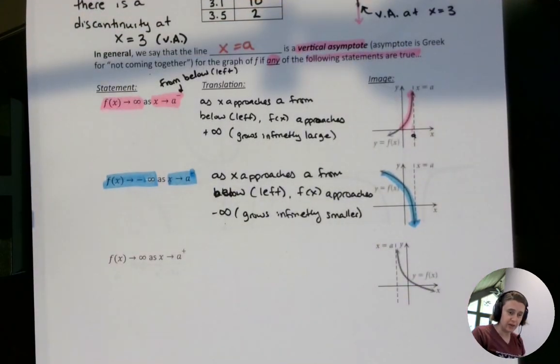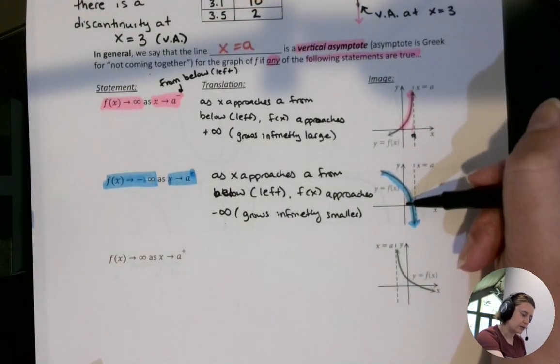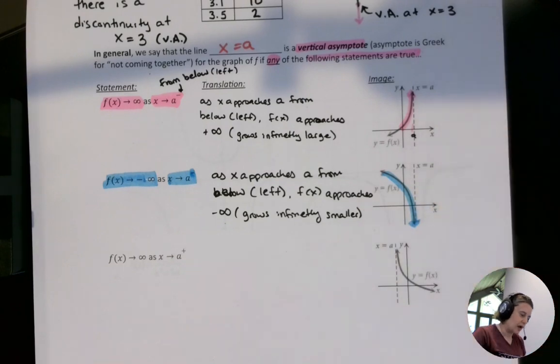It is still growing infinitely, so it's going to be infinite, but these values are now approaching negative infinity on the y-axis. Okay, now we're going to approach from above.